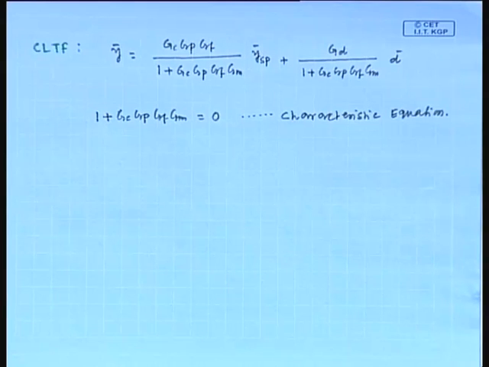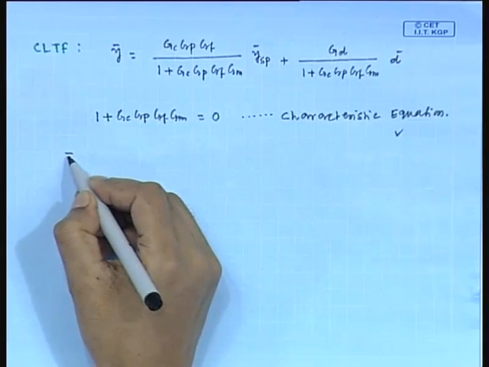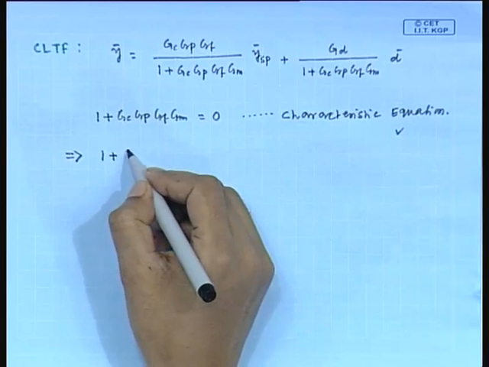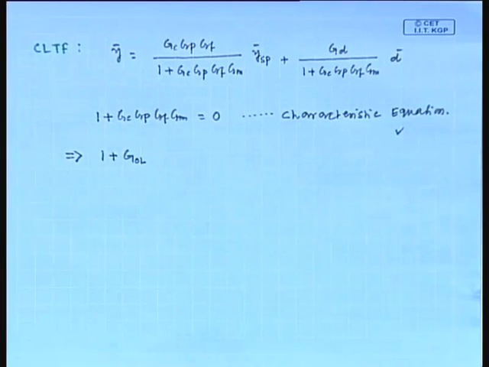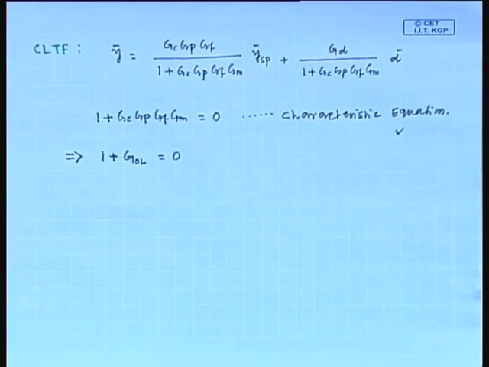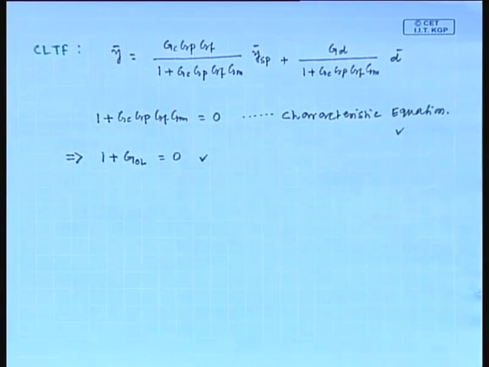For stability analysis, we will use this equation. This equation can also be written in this form: 1 plus open loop transfer function Z suffix OL, which is equal to 0. The characteristic equation we can also write in this form: 1 plus the transfer function of open loop equals 0.